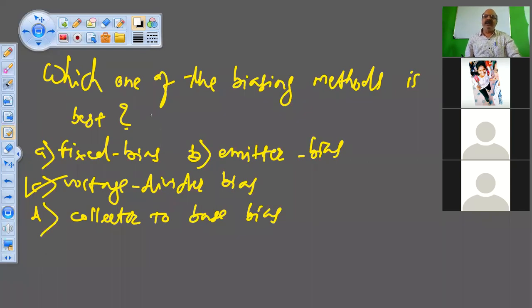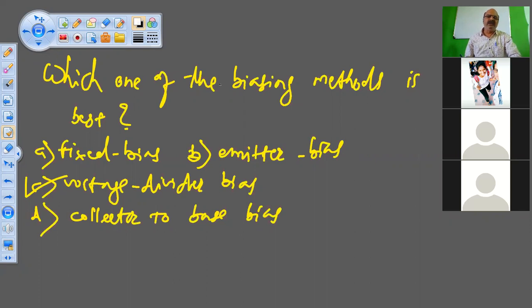In case of emitter bias, the stability factor slightly decreases. It goes to 50 to 60, in that range. Instead of 100, it comes to 50 or 60. And in case of the voltage divider bias, it goes below 10. So lesser the value of stability factor, better is the stabilization.